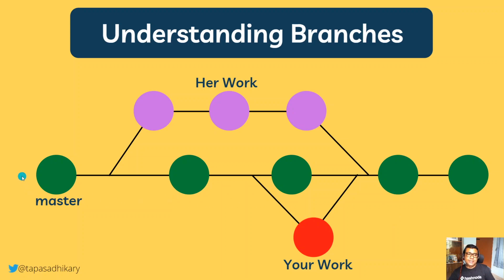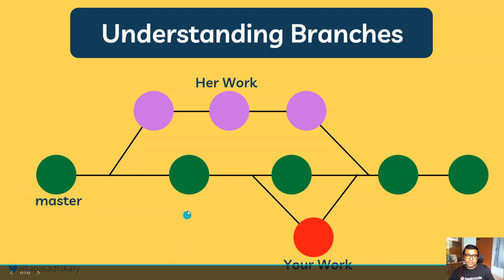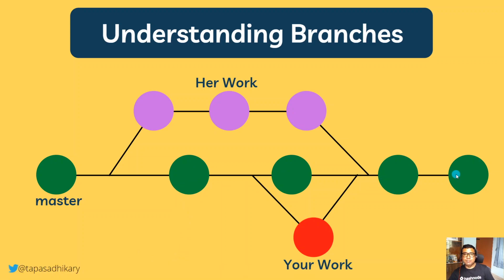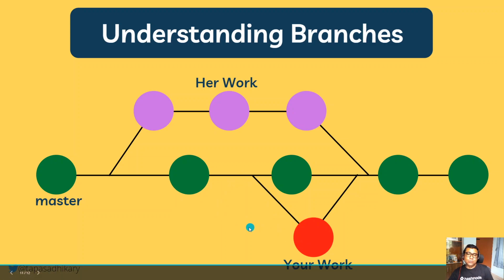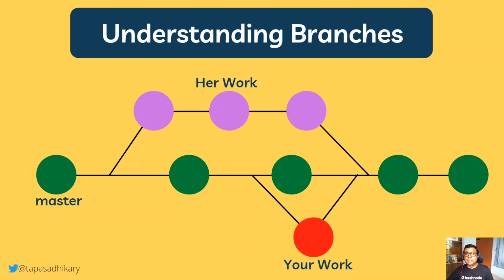We have already seen there is something called master where we can make a commit and push the changes, and we can do this multiple times. In this video we have seen it once, but we can do it multiple times. Now let's say you have to work on something very independently, and you don't want somebody else to look into the changes you are making or get impacted by it, until your work is done.